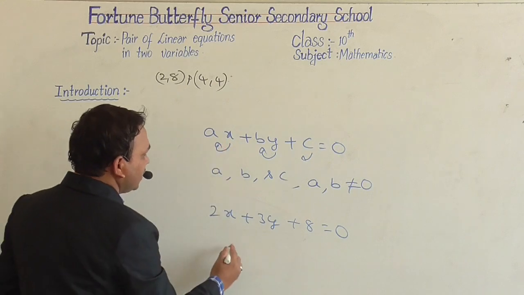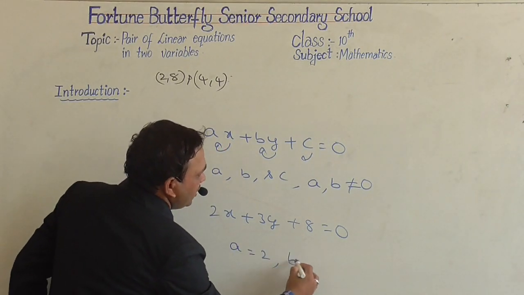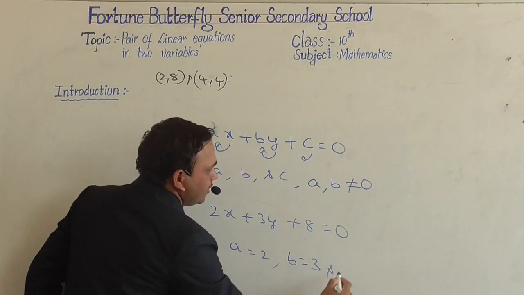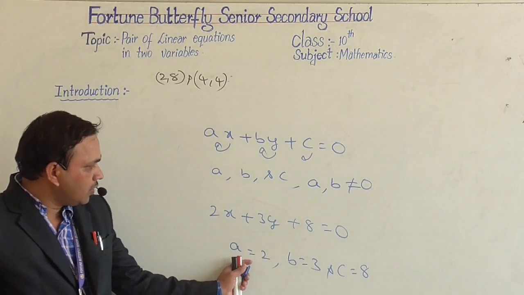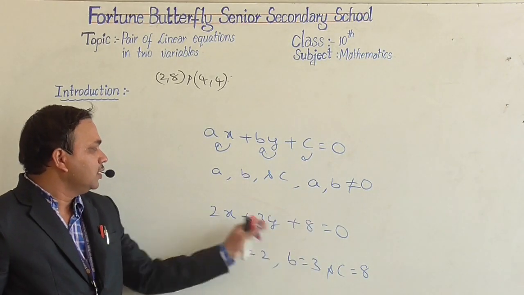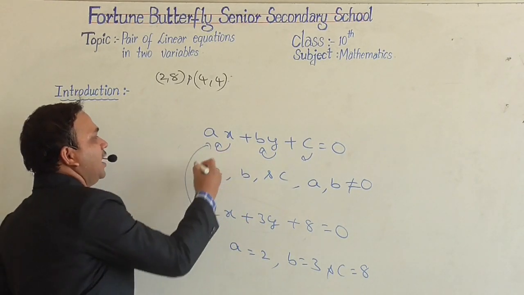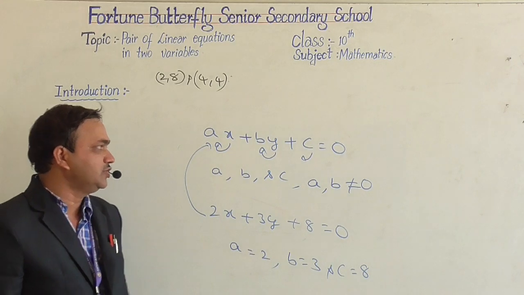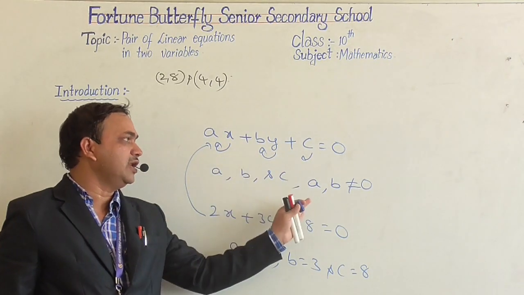So a is equal to 2, b is equal to 3 and c is equal to 8, because this equation is of the form ax plus by plus c is equal to 0. So it is called a linear equation in two variables.